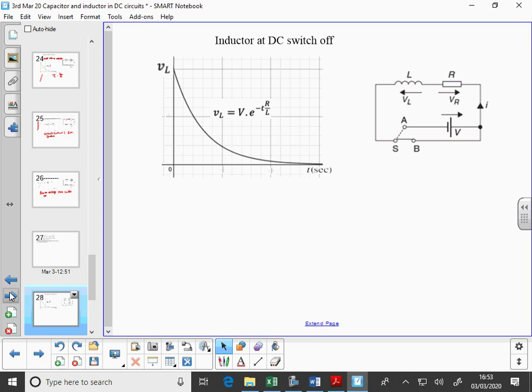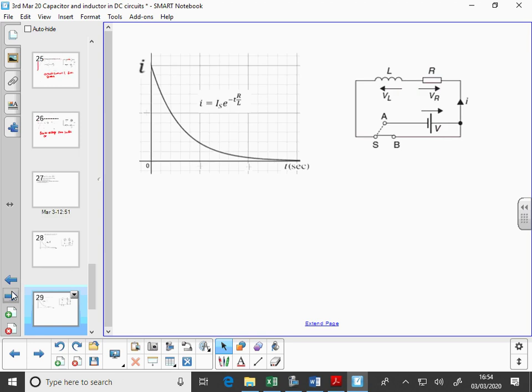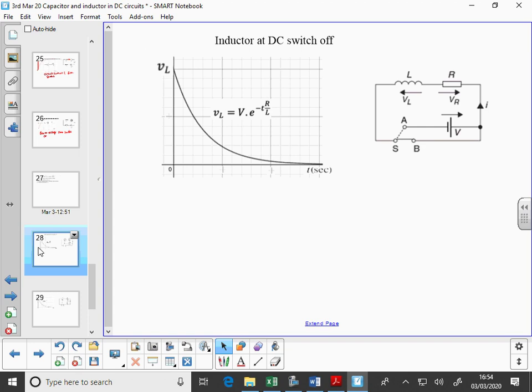It's going to induce a voltage in the coil that's going to try and stop that current from going down. So the current does that, yeah, exponential fall towards 0, and if that does that, then the resistor voltage must, in the previous slide, follow it.